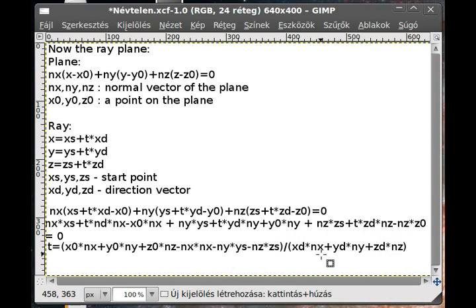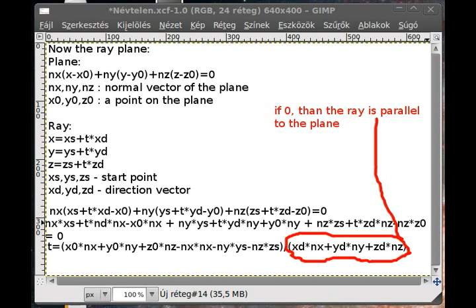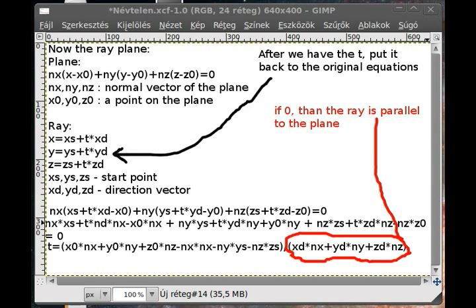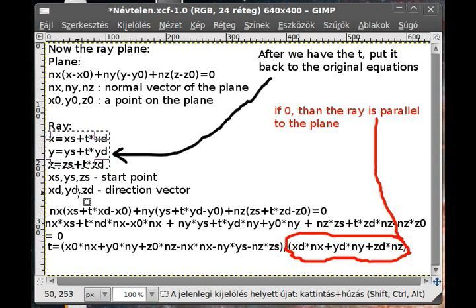It will basically mean that the ray is parallel to the plane. There is no collision, never and ever. Okay, now we get the t. We have to put it back into these 3 equations. So I get the t, I know the xs and the xd, I put the t in here, and I get the x, y, and z coordinates.